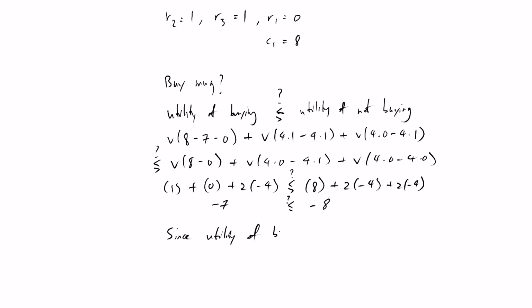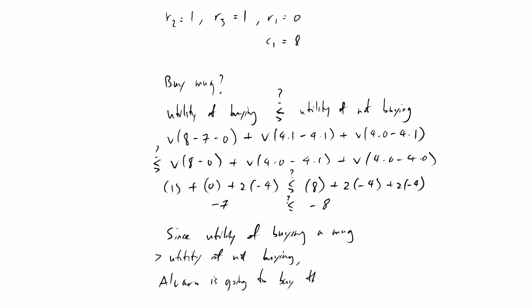Since utility of buying the mug is bigger than utility of not buying, Aversion is going to buy the mug. Okay.